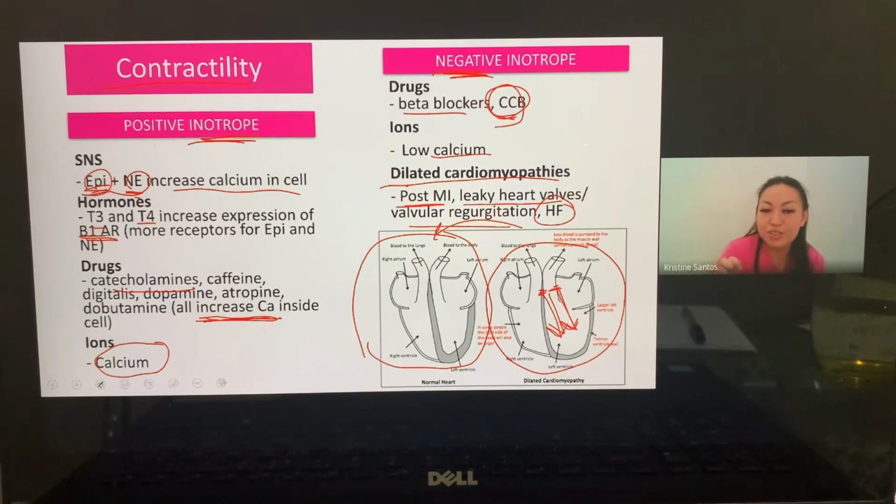So if scar tissue doesn't contract, then that bit of tissue is not going to contribute towards the contractile force of the myocardium. So if someone had an MI, that scar tissue is not going to help the heart contract. So the contractility would be less. Okay? So I hope this makes sense. Do you guys have questions about the slide? No?